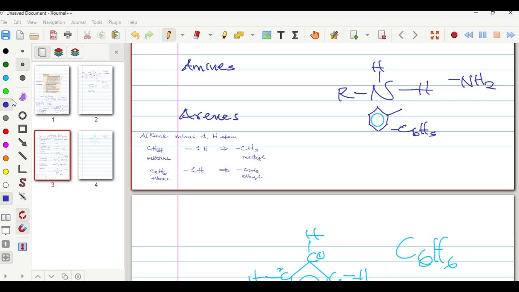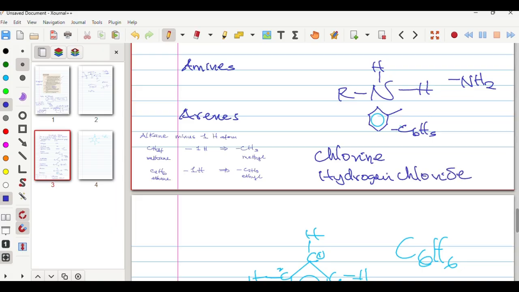Yes, halogens are group 7 or group 17. Okay. If I say chlorine, chlorine is a halogen, right? Yes, sir. Okay. If I say hydrogen chloride, it means this compound contains hydrogen and chlorine, two atoms.